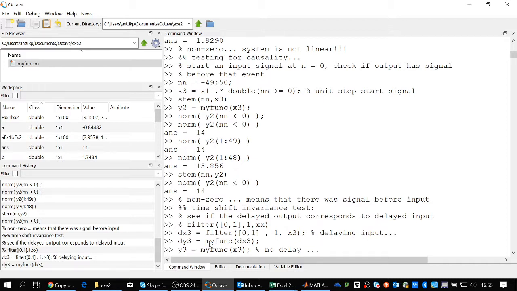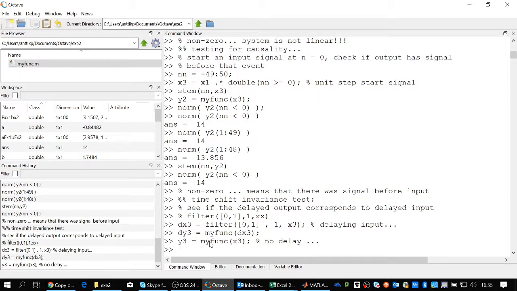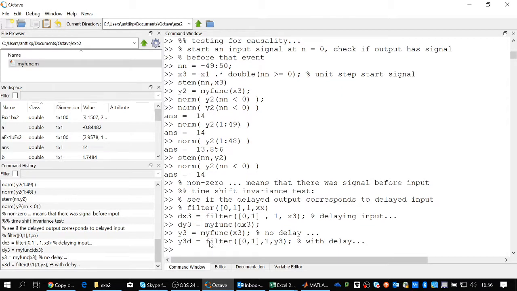And we actually delay this one. It's just a matter of where the delay is: before the input, after the input, or after the output. Basically now we have the delayed output. And now we test if these two things are the same.